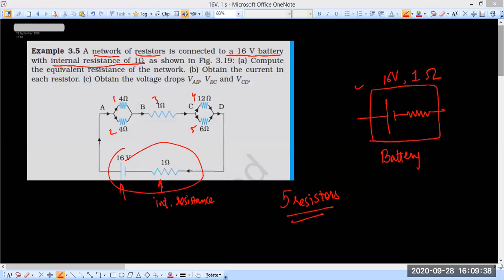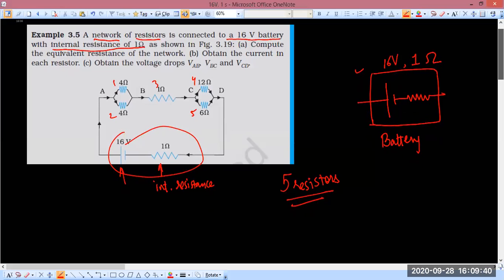First of all, we have to calculate the equivalent resistance of the network. Network means this part, of these 5. We don't have to consider the internal resistance in the network. So calculate the equivalent resistance.